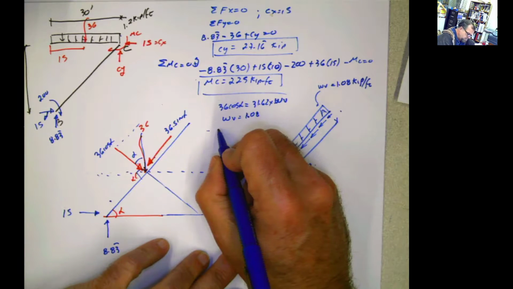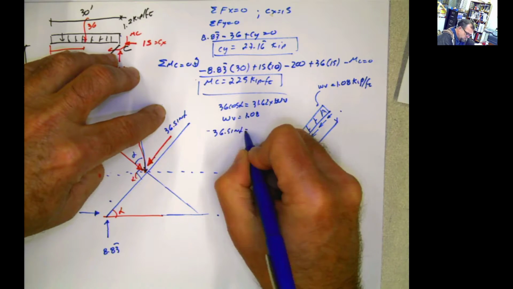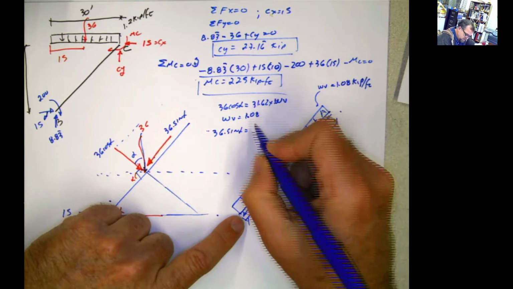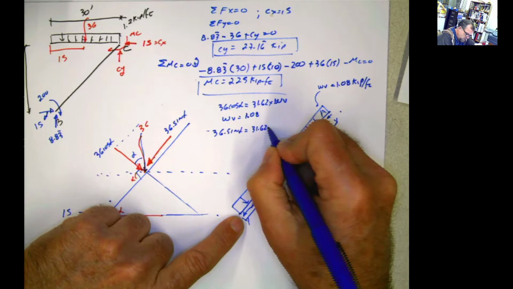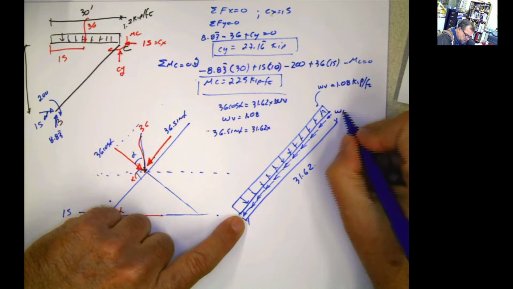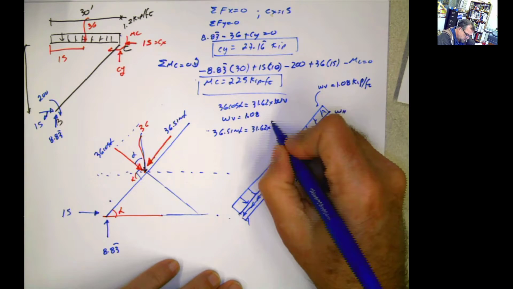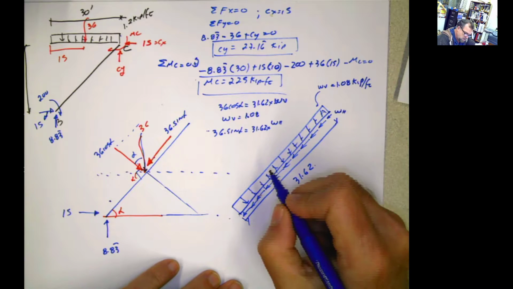So this is going to be 36 sine alpha has to be equal to the length 31.62 times the height of this horizontal incline, horizontal distributed, rectangular distributed load.